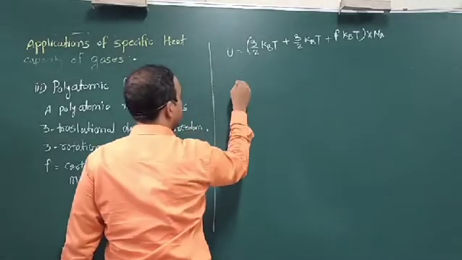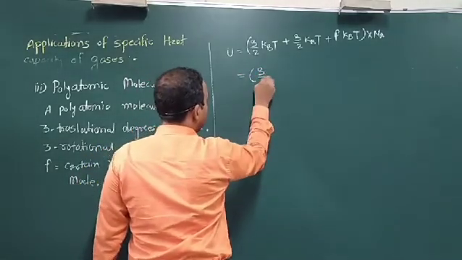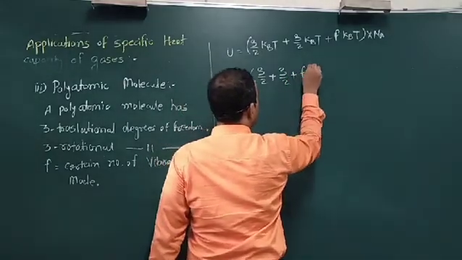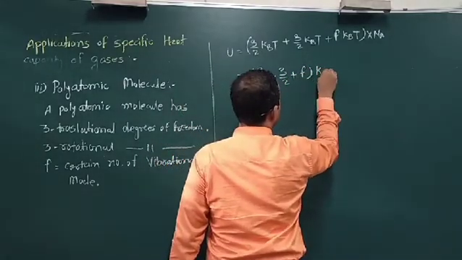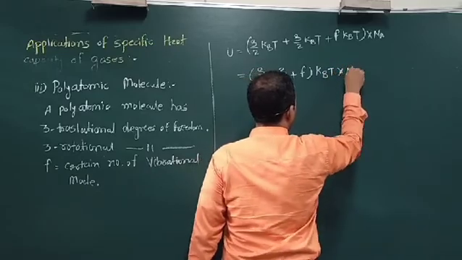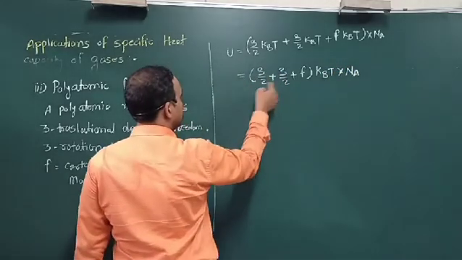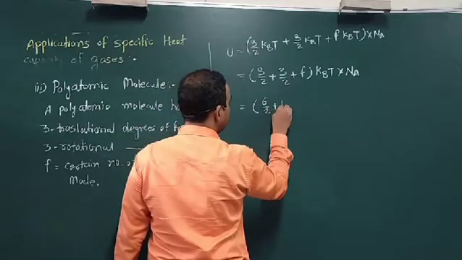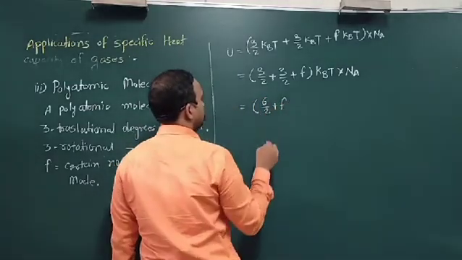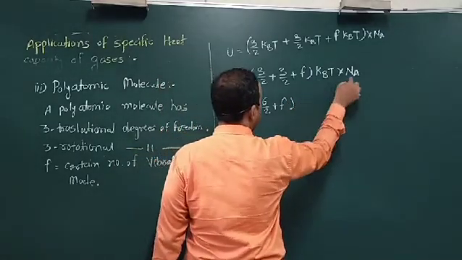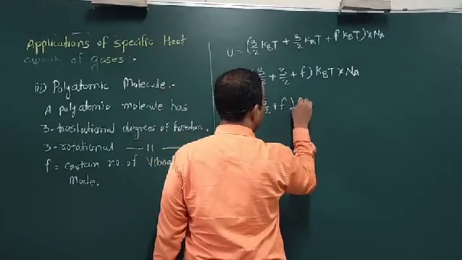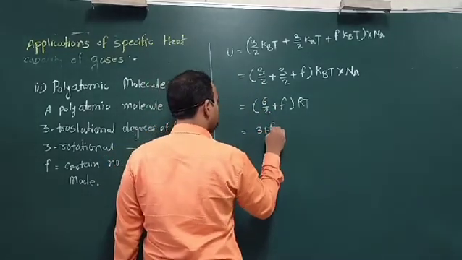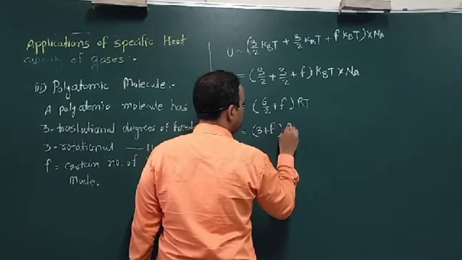Okay, now kBT take common, so we get 3 by 2 plus 3 by 2 plus F into kBT into NA. So we get 3 plus 3, 6 by 2, plus F, into kBT into NA, that means RT. 2 threes are 6, so it is 3 plus F into RT.